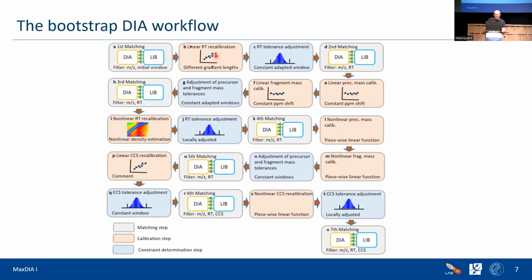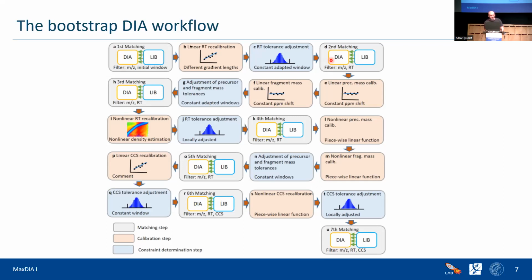But we can do linear recalibration with the retention time. Based on this linearly recalibrated data, we can calculate new windows, or the initial tolerance window, for the retention time difference. We apply this in the next round of matching to the data, which will be more stringent now because it's actually using the retention time. So you remove false positives by this.